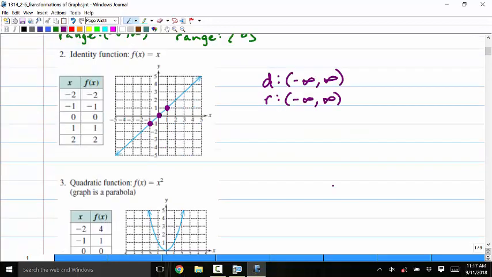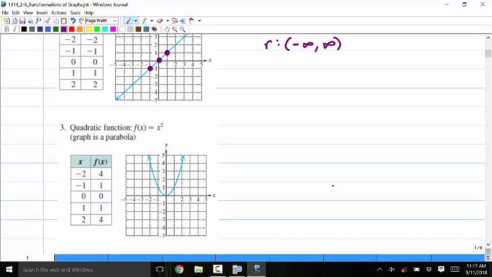Okay, next one. The quadratic function, y equals x squared. That's your parent graph, y equals x squared. Points on that graph: you have 0, 0, 1, 1, and -1, 1. So I usually go after those 3 points.